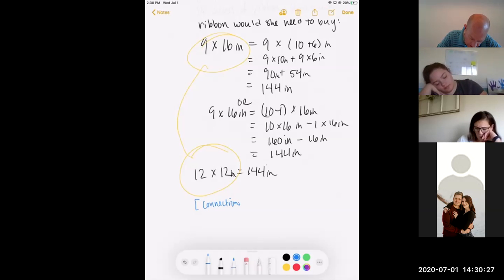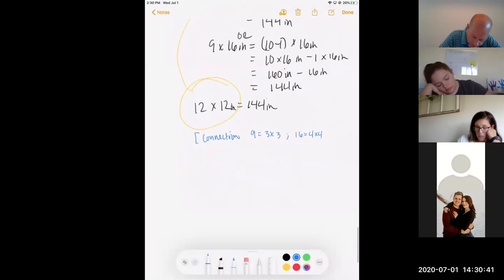Okay, so this is just a little side note because I thought it was fun. 9 is equal to 3 times 3, and 16 is equal to 4 times 4. Right? So 9 times 16 is equal to 3 times 3 times 4 times 4.